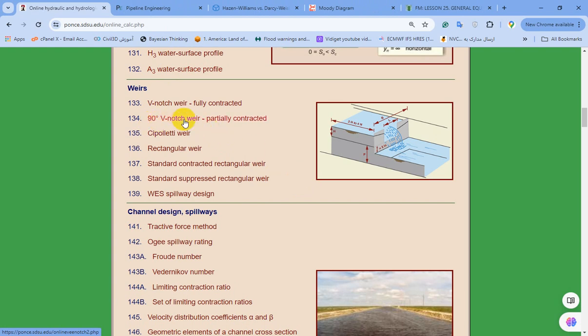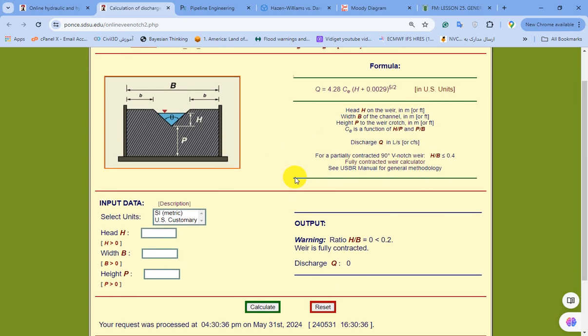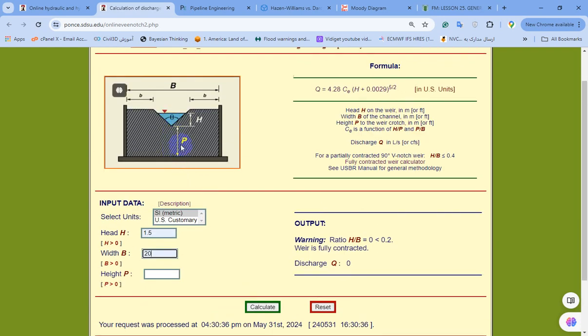Also, for the V-Notch weir partially contracted case, the formula for calculation of discharge is relatively different from the fully contracted. Click the SI metric, select this value for H, for B, for the P, I mean the elevation or height of the weir.